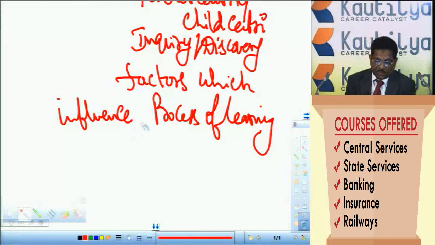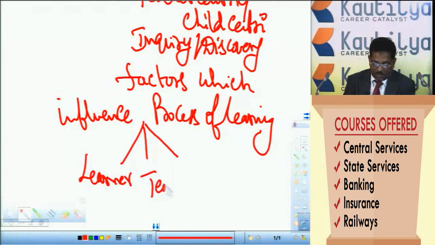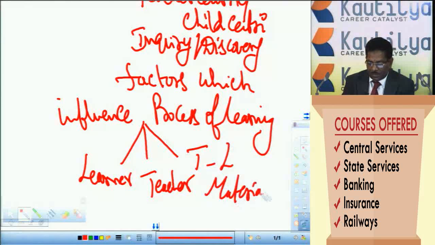These factors can be bifurcated into three categories: the factors related to the learner, the factors related to the teacher and school, and the third factor which influences the process of learning is the factors associated with teaching and learning material.